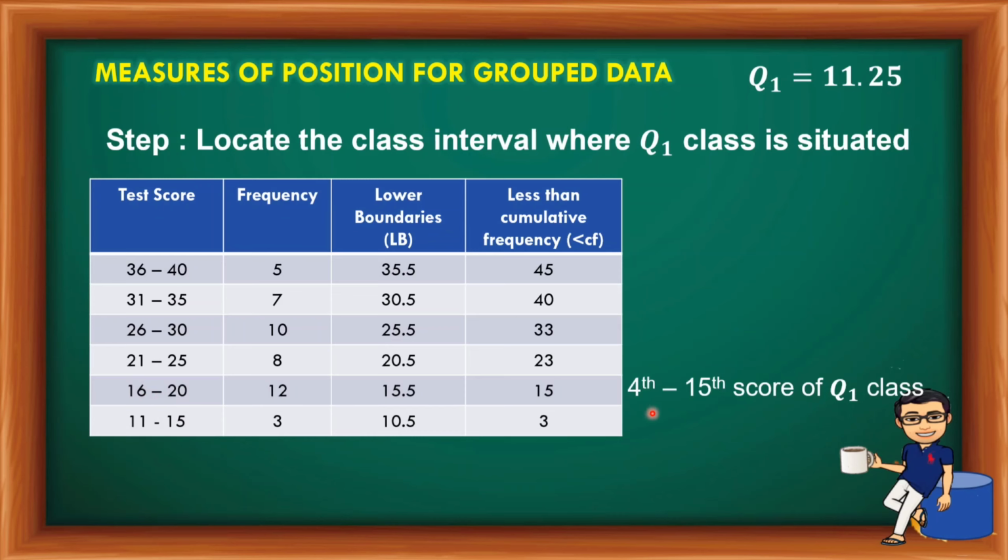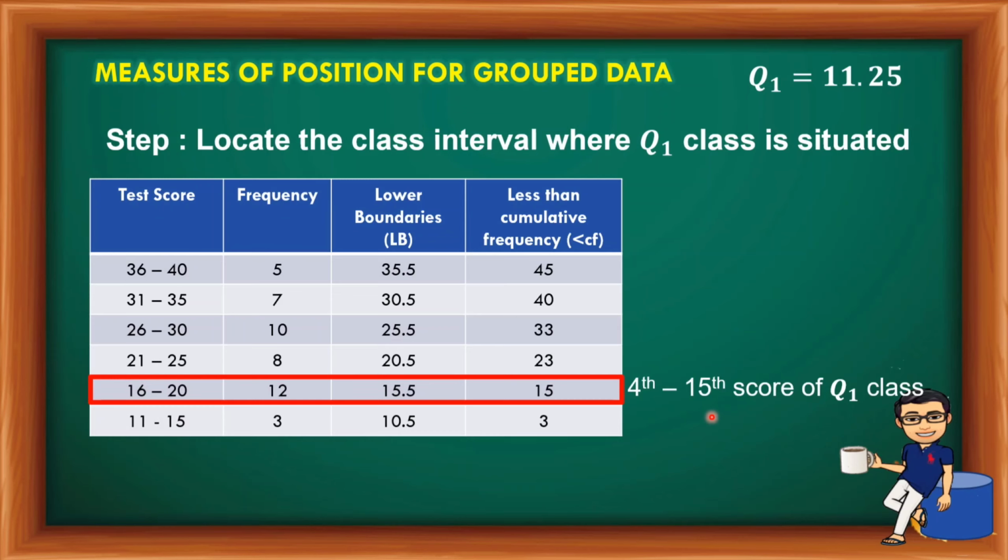So, kung mapapansin nyo, dahil siya ay nasa 4 to 15 at ito ay 11 and 25 hundredths, this quartile 1 class is between 4th and 15th. So, ito ngayon yung ating class na pag-uusapan. In other words, ito yung class ng quartile 1, 16 to 15. Yan, lagay na natin. Yan yung class ng quartile 1, 16 to 15.